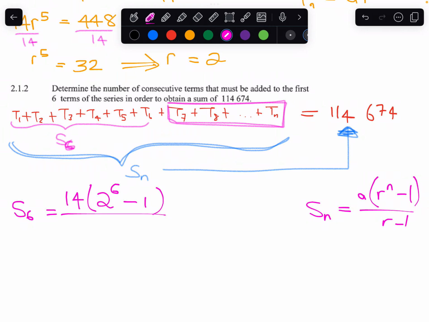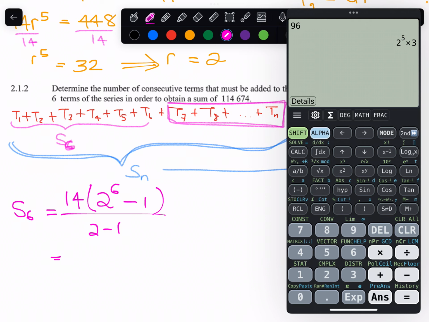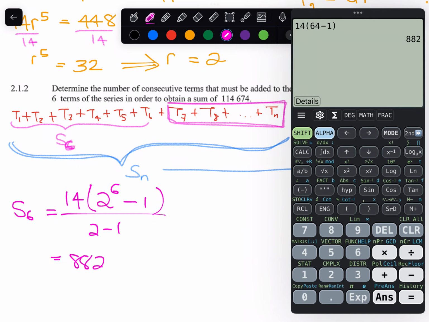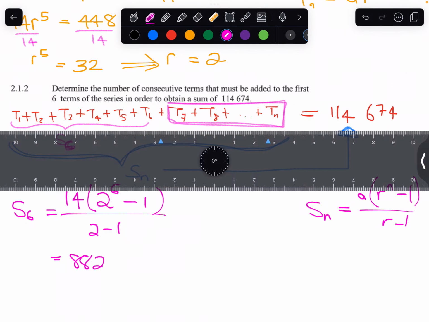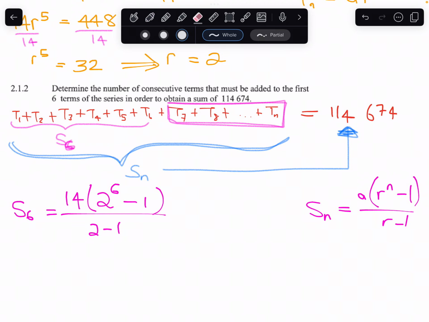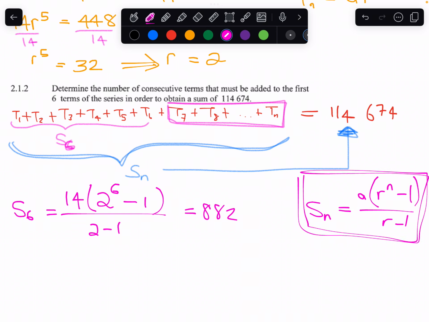So on the calculator, 14 times 2 to the 6, which is 64, minus 1 gives us 882, and at the bottom we just have 1. So the first 6 terms add up to 882.